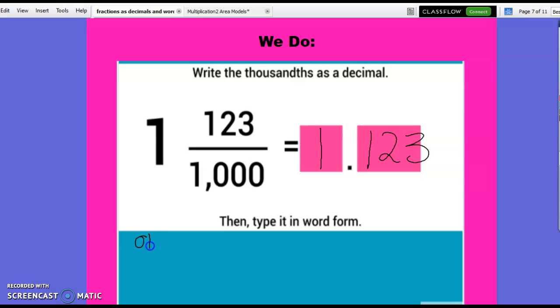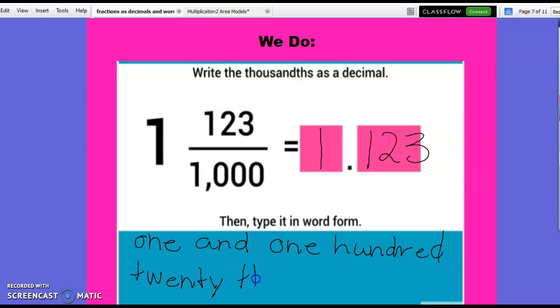So it reads 1 and 123 thousandths. Remember our song, add your THS.